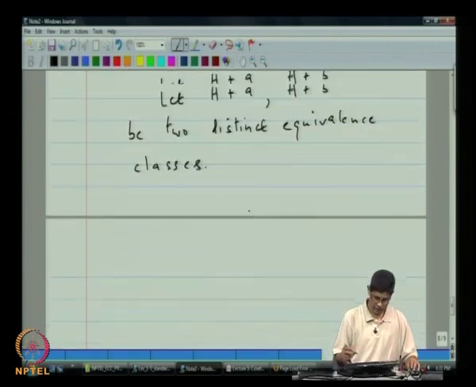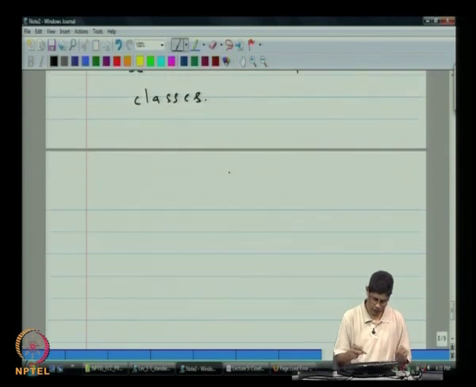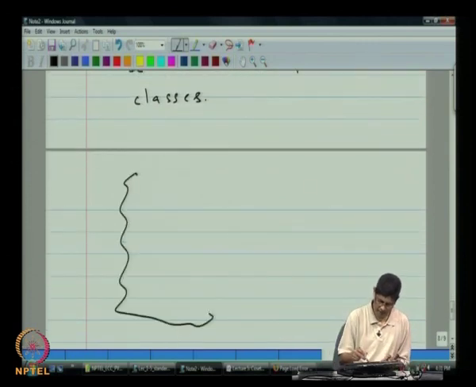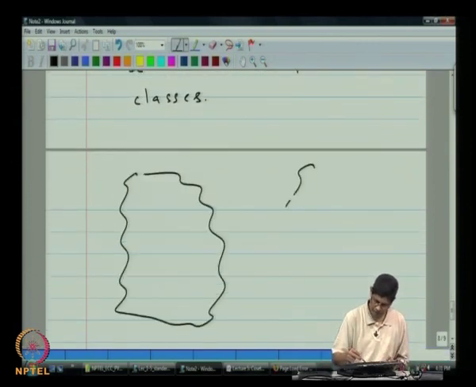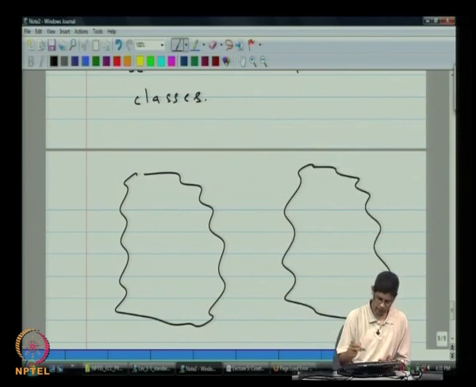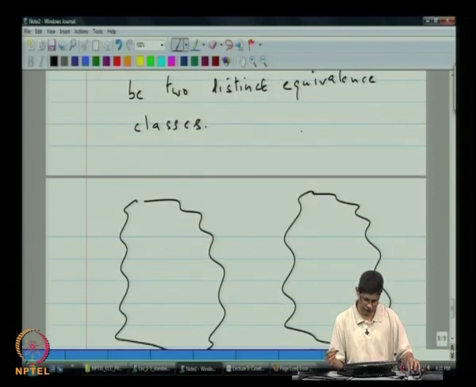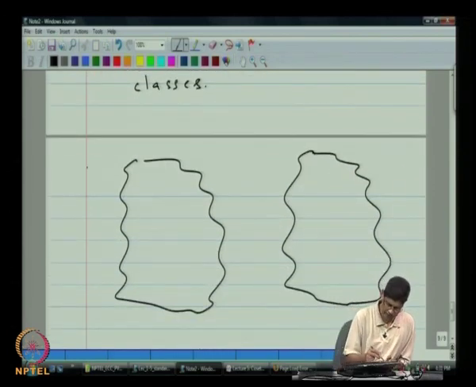So what we want to show is that there is a one-to-one correspondence between the elements of these two equivalence classes.